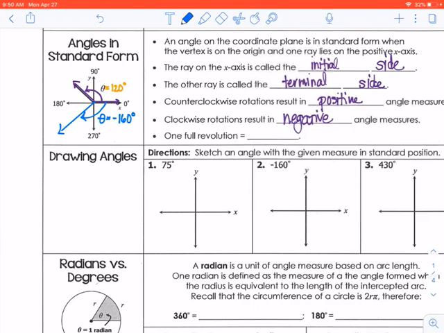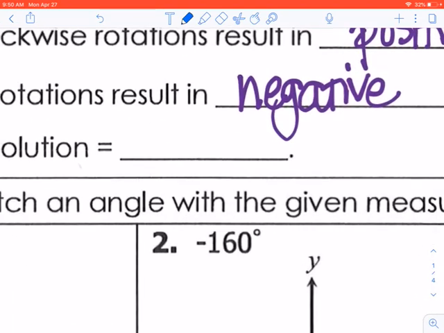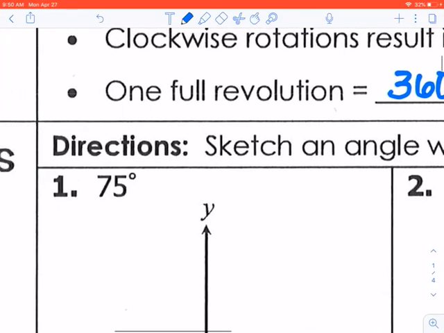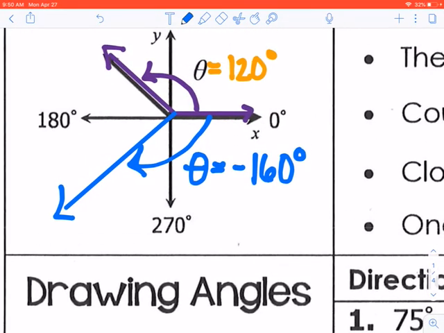And then we have revolutions. If you think of a bike tire or a car tire making one full revolution, one full revolution is going to be 360 degrees. So if I start on my initial side and go all the way around, one circle, is going to make 360 degrees.